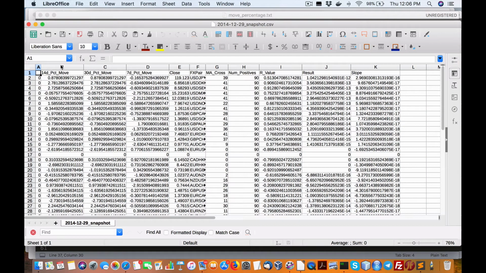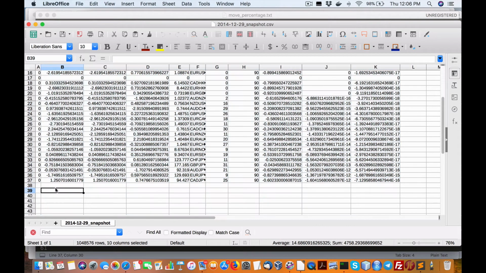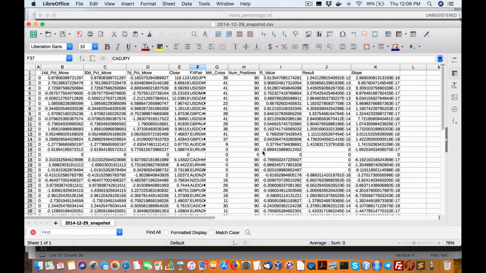You can see here basically what I've shown you with the slope, and this is for all 35 pairs. So we have 35 pairs, and essentially what we've got is our slope.